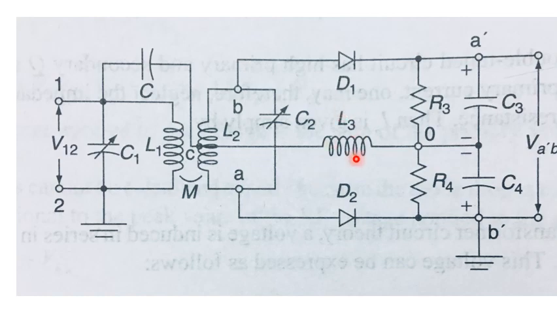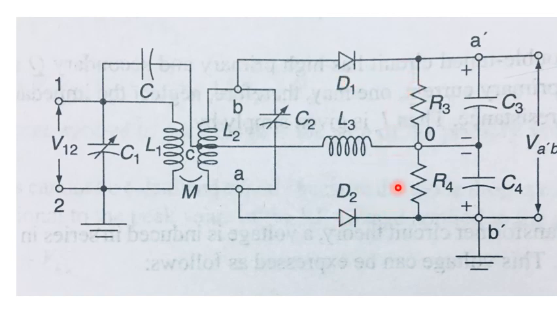VAO and VBO, as shown in slide number 4, both have the same magnitude, but they are in opposite direction. Hence, they will produce the same current through the diode D1 and through the diode D2.